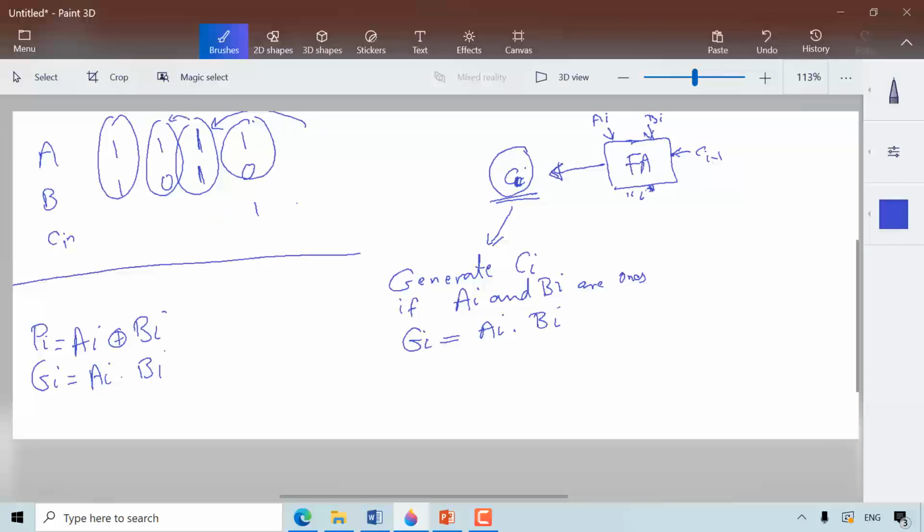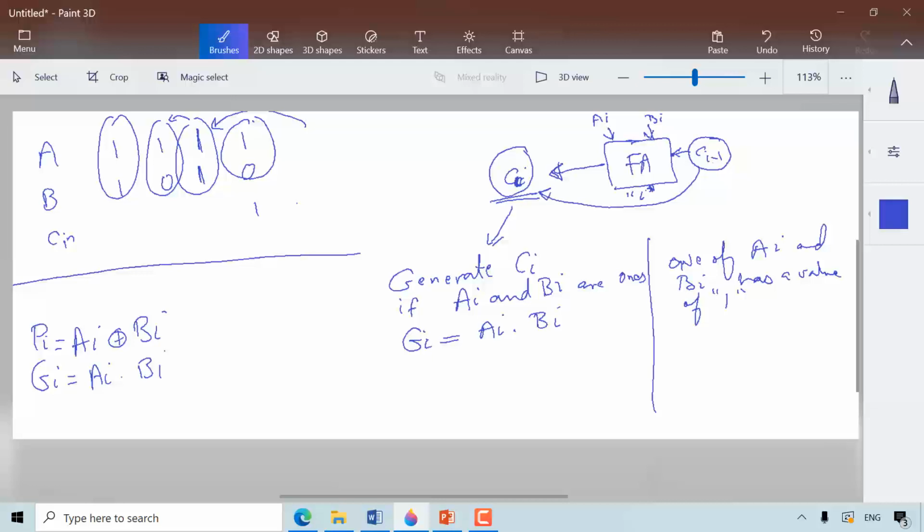Now what about if one of A I and B I has a value of 1? In this case, I'm going to say that I will propagate the carry, meaning whatever the value of this carry, it will be moved here.